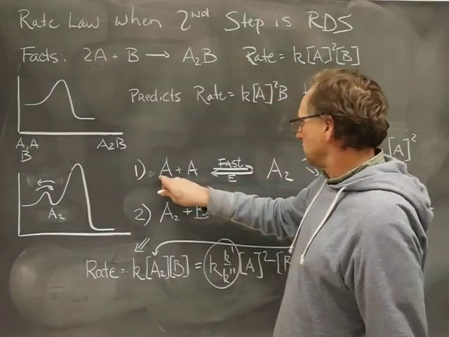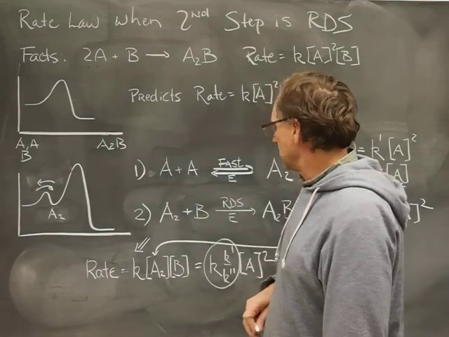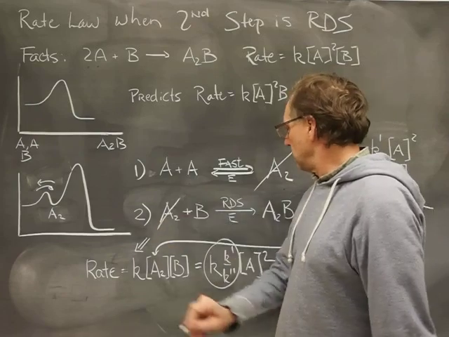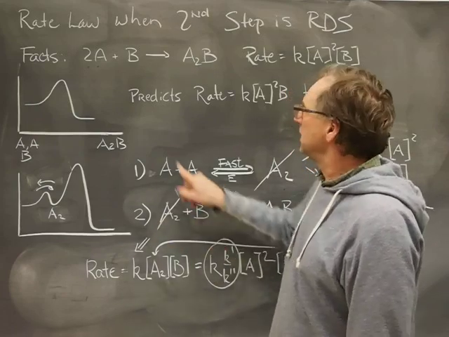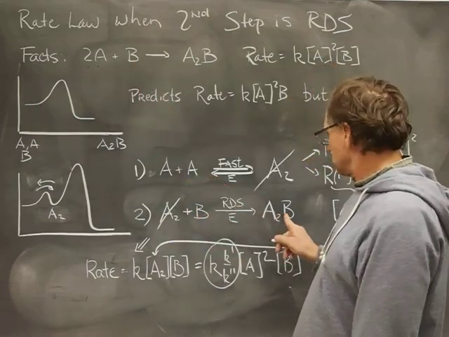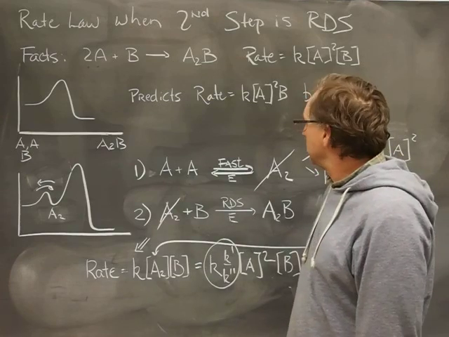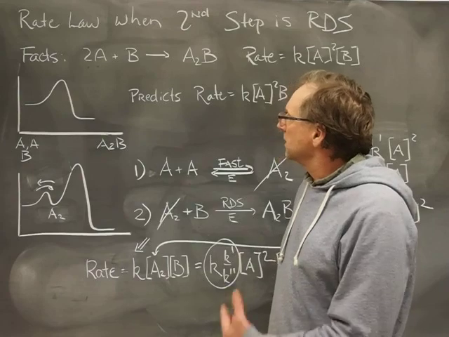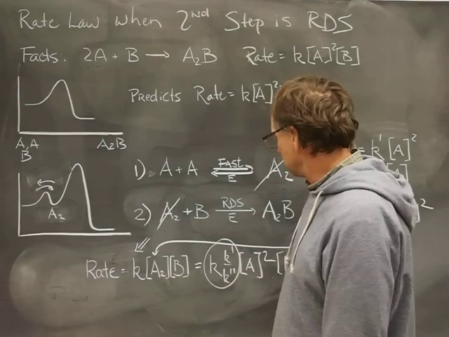I see I've got two A's there, that's good. That produces an A2, but we gobble up the A2, and so we have two A's plus a B, that's good. That produces the one thing that's on the right, which is A2B. So the stoichiometry works out and the kinetics works out, and so we say this is a plausible mechanism.